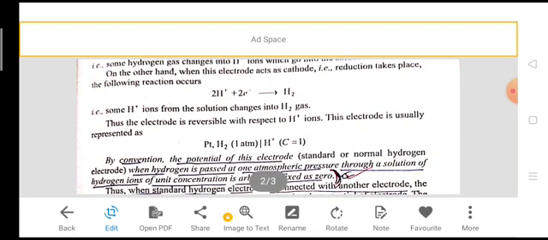By convention, the potential of this electrode, that is the normal hydrogen electrode, is taken as arbitrarily 0 when hydrogen is passed at 1 atmospheric pressure through a solution of hydrogen ions of unit concentration.